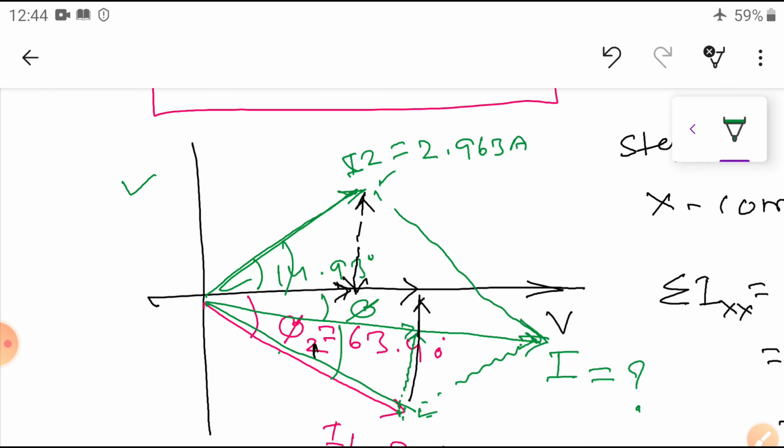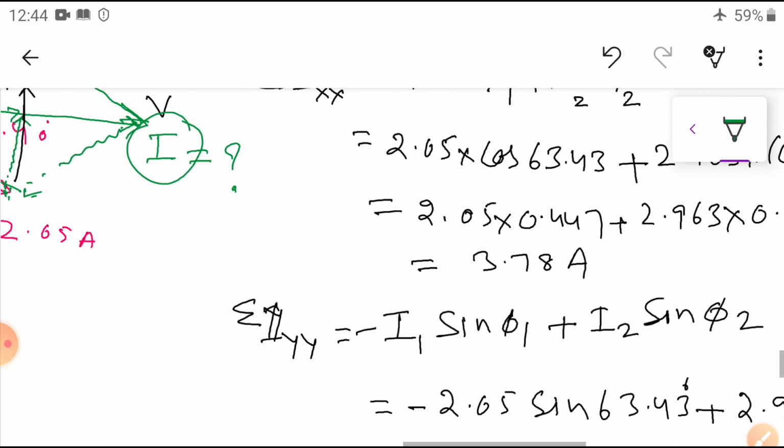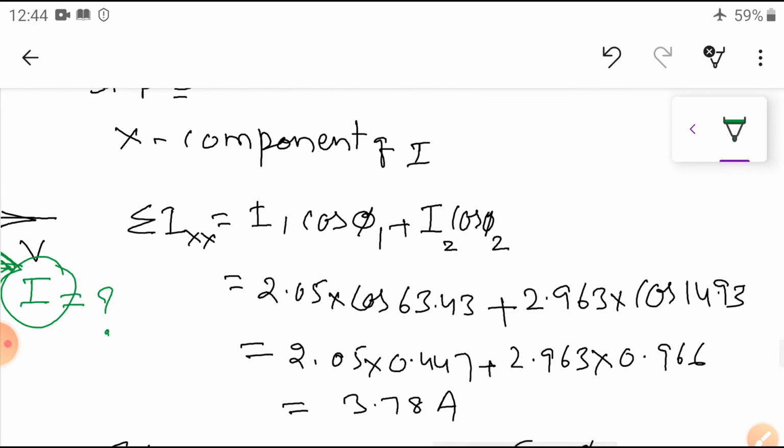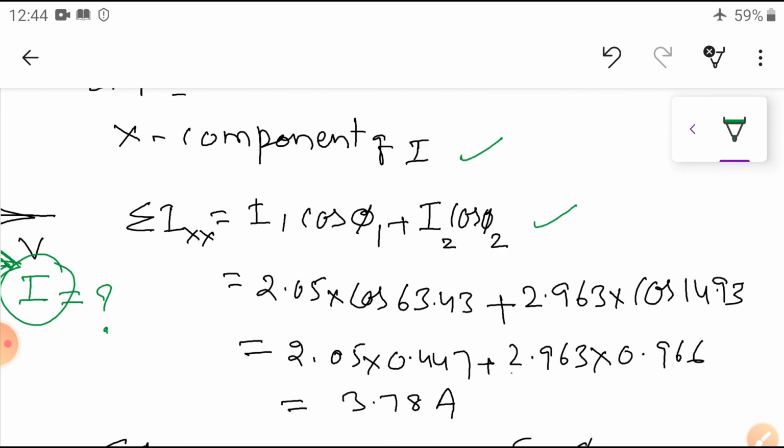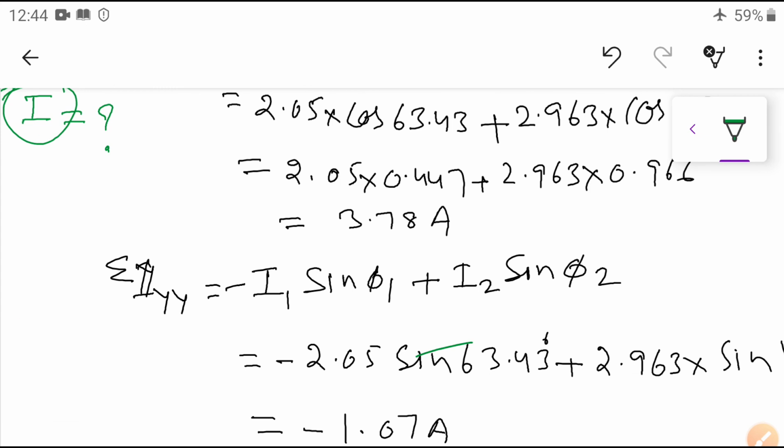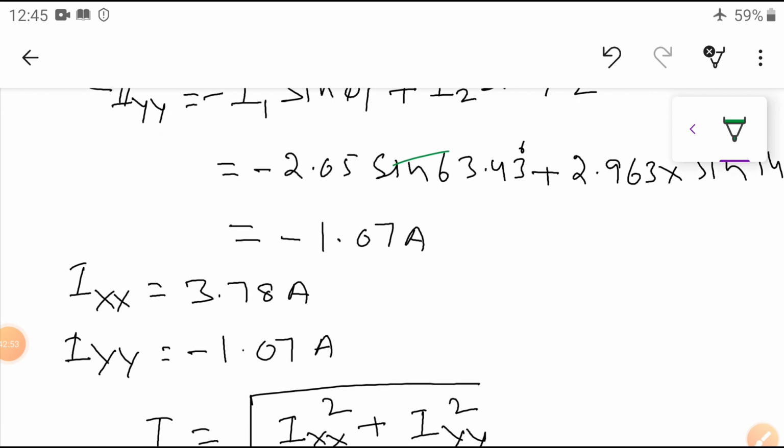Now I want to know the total current I. Resolve I1 and I2 into x components and y components, and add them.